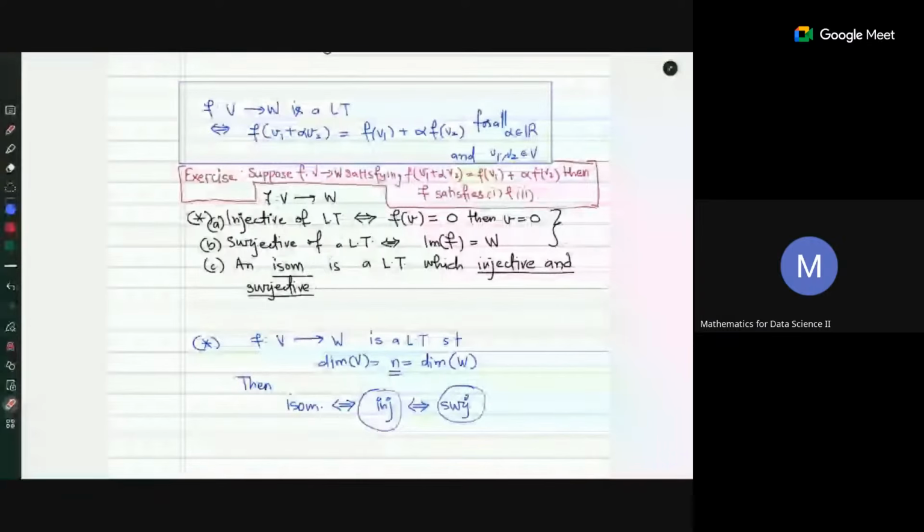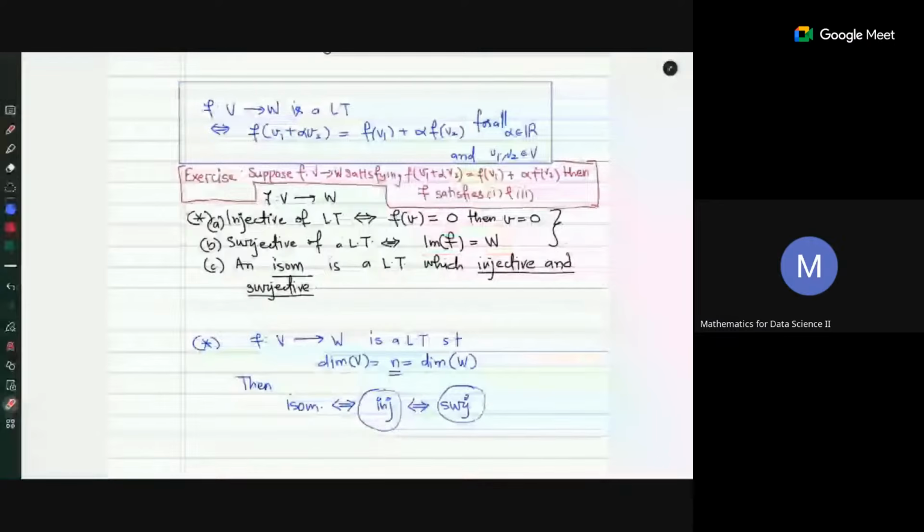The second thing you have seen is surjectivity. A linear map is called surjective if the image of F is the whole vector space, the whole codomain. This definition is the same as the set theoretic definition of surjectivity, so there is nothing new there.